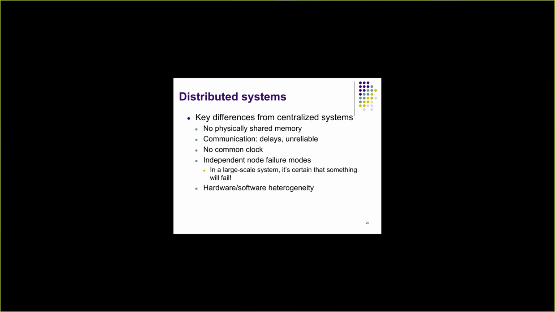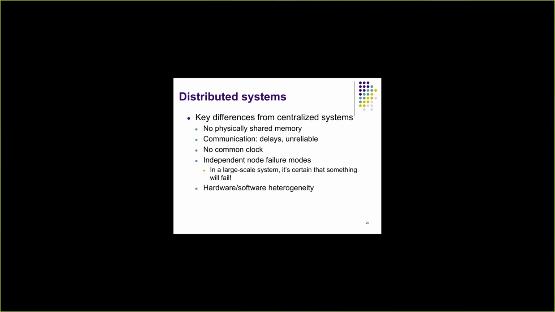So the key difference between centralized systems and distributed systems is that, unlike centralized systems, there is no physically shared memory. That means the nodes or the processes that are running in a distributed system need not have the same physical memory shared.